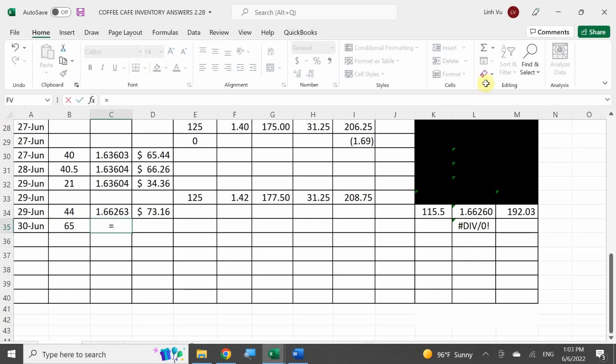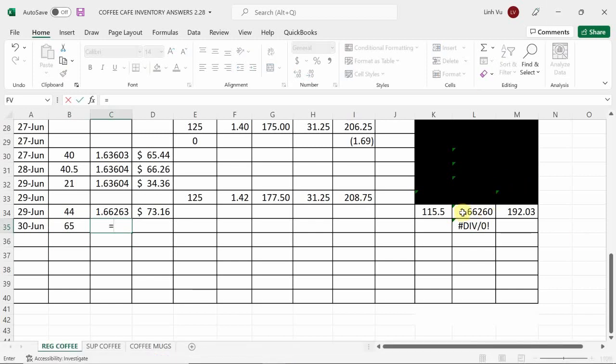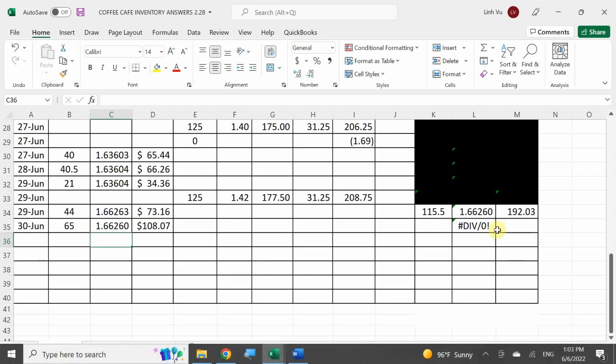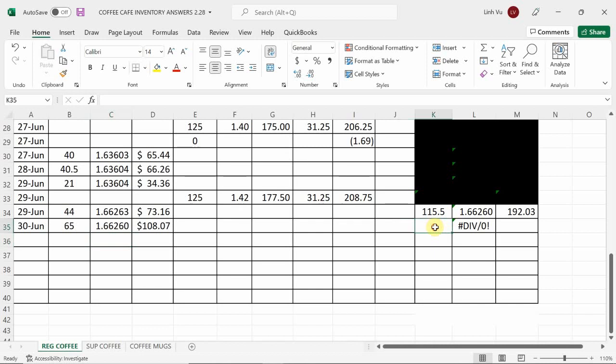Right now, it's currently at $1.66260, so that means we sold a total of $108.07 worth of regular coffee.